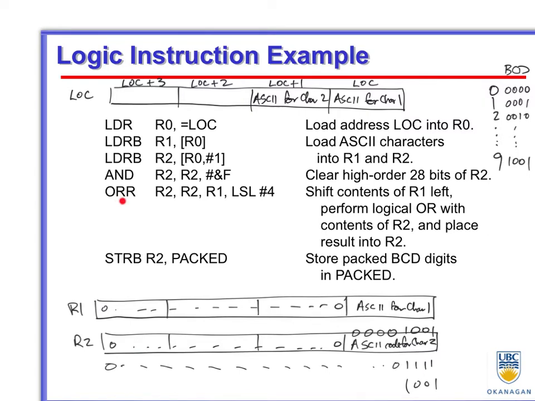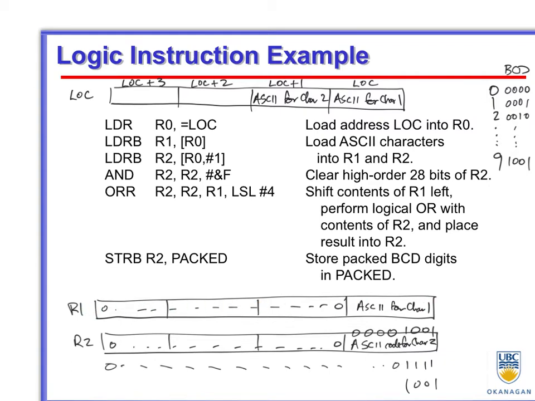Now the last instruction is ORR. ORR is logical OR, so again, it's a bitwise OR. So we're going to OR what's in R2, which is now this, with what's in R1 shifted to the left 4 bits. Logical shift left 4 bits. Well, this is what we got in R1.